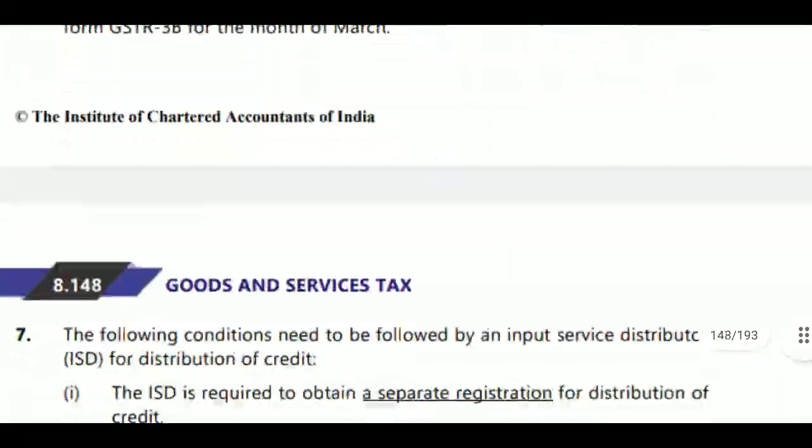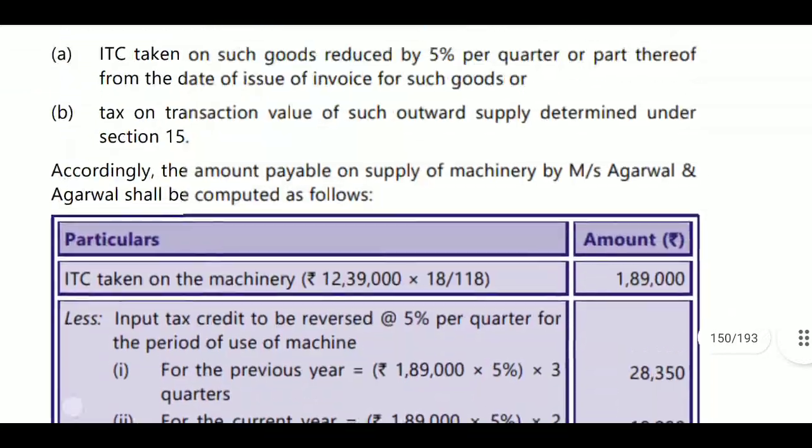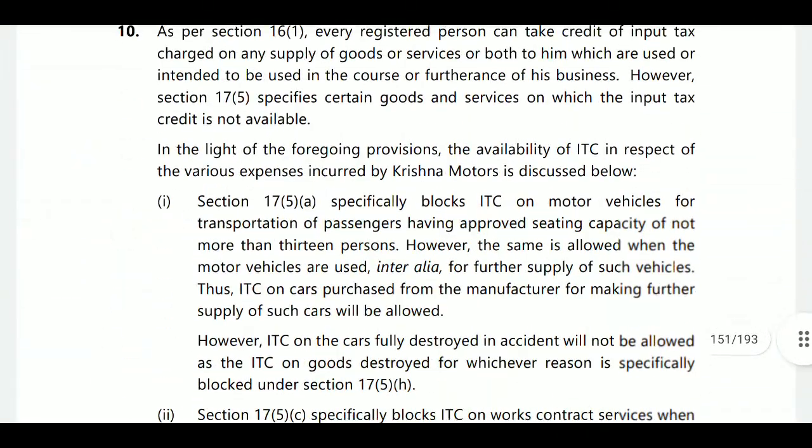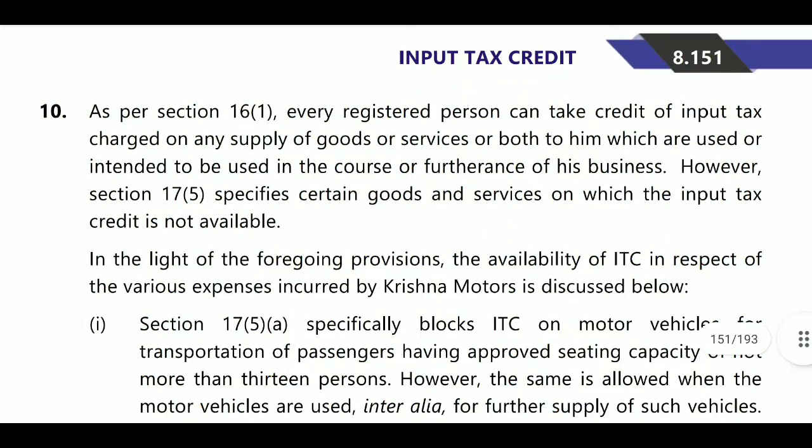So what is the answer provided to question number 10? As per section 16(1), every registered person can take credit of input tax credit on any supplies of goods or services or both to him which are used or intended to be used in the course or furtherance of business.